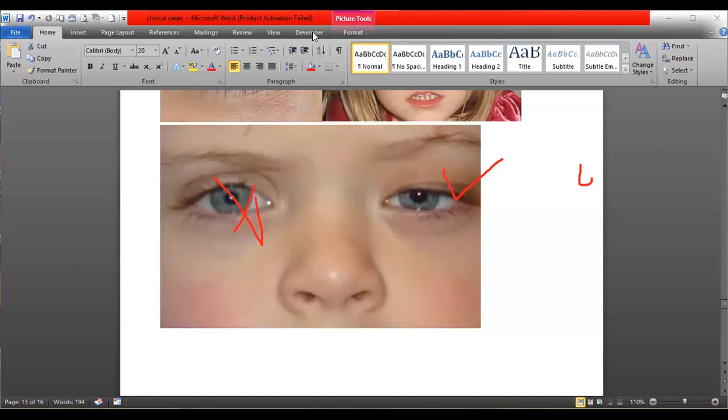Okay, so we need to ask the child to just hold the eyelid over here, not to pull it, I mean, not to suggest the position, and downward, so that the vision will be clear. Otherwise, if this is partial ptosis, vision will definitely be affected.